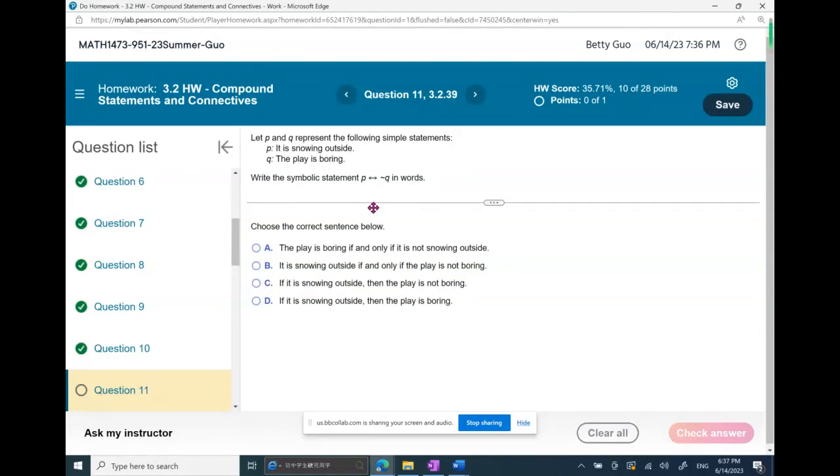We are looking at what kind of compound statement?